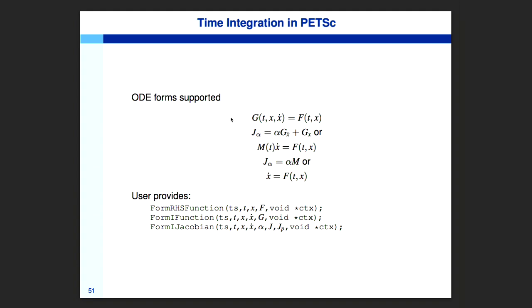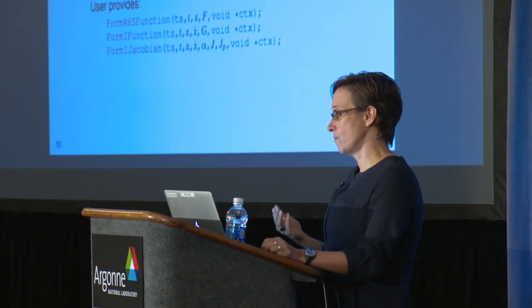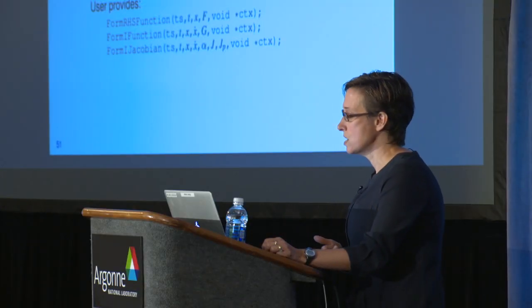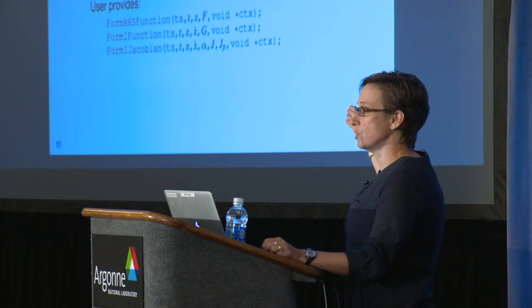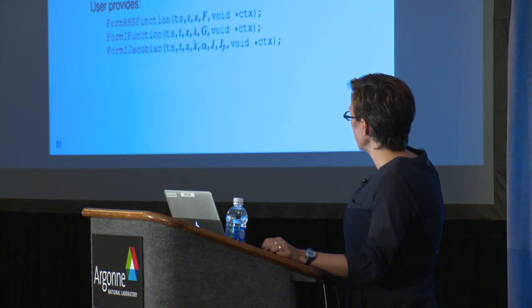Sometimes in a more simplistic form, we consider a mass matrix that's shown by the third equation there, Mx dot equals f. And if the mass matrix is just identity, then we have the simplest form shown in the bottom equation.